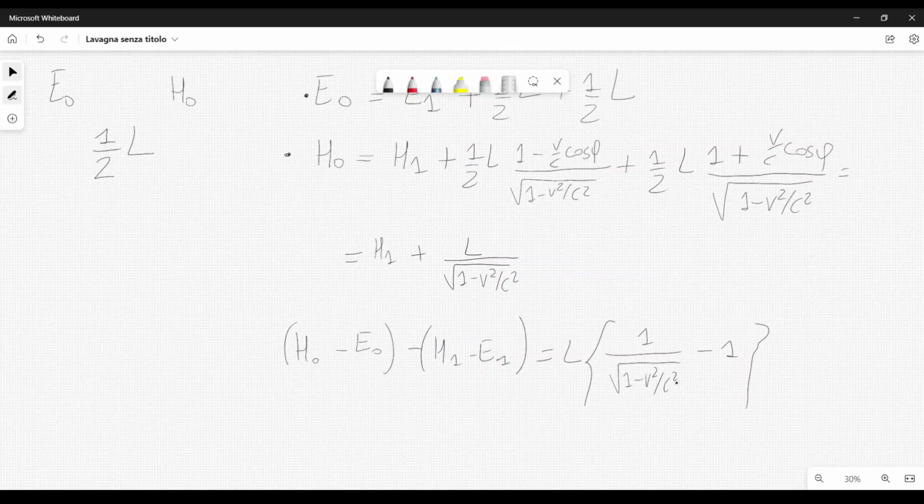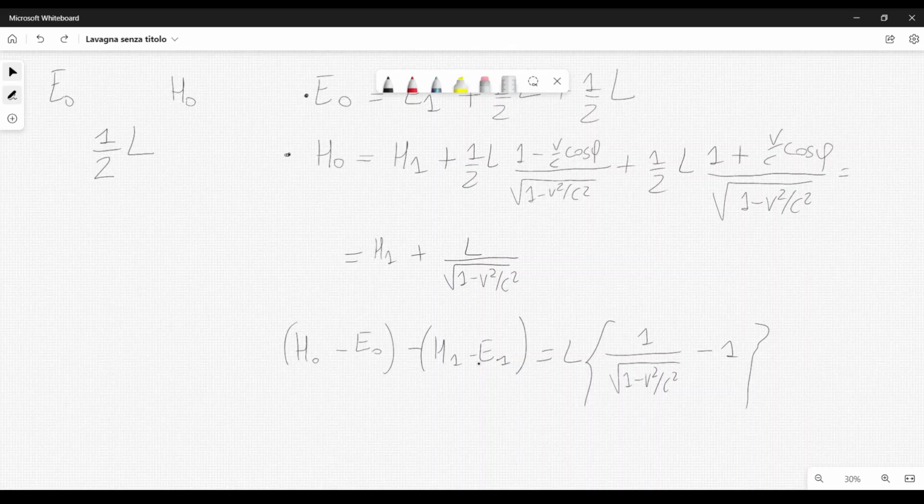Now, the two differences of the form H minus E that you see here have simple physical meanings. H and E are the energy values of the same body referred to two systems of coordinates which are in motion relatively to each other. One is the body being at rest in one of the two systems, X, Y, Z, and of course this body is moving with respect to the moving system.